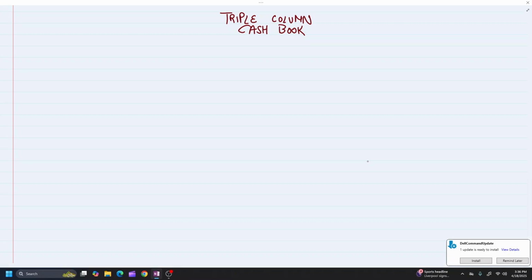So the triple column cash book, where is it? I'm having a T.S. Grewal with me, for anyone who wants to know which book I refer to. Where is my triple column cash book? Why can't I find it?